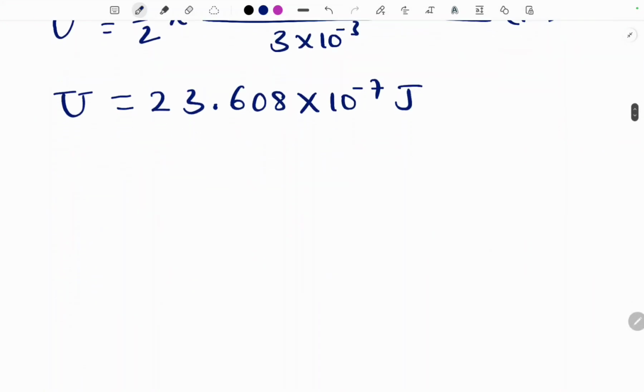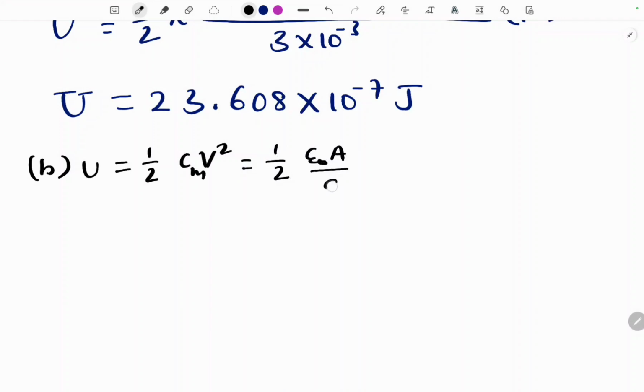So we will directly write that U is equal to half CV square. This is in presence of the medium. You will get half epsilon naught A divided by d into K into V square.